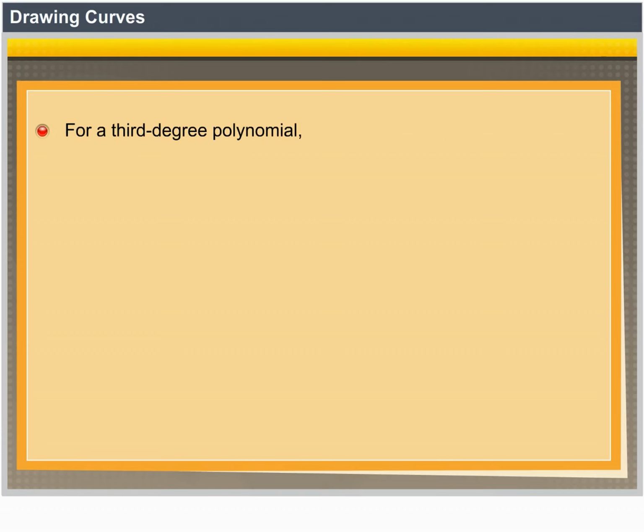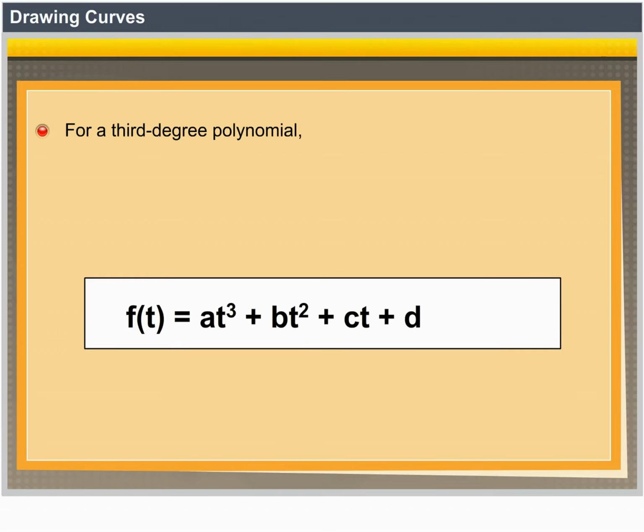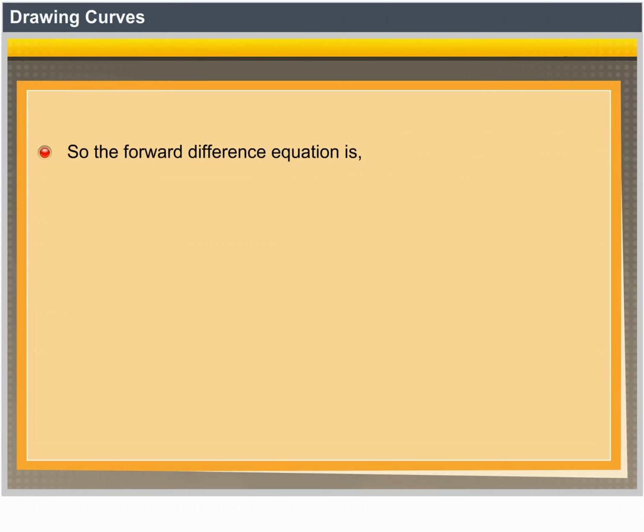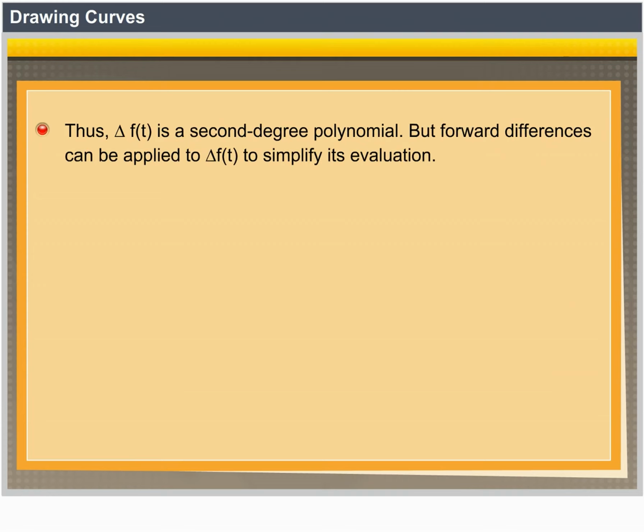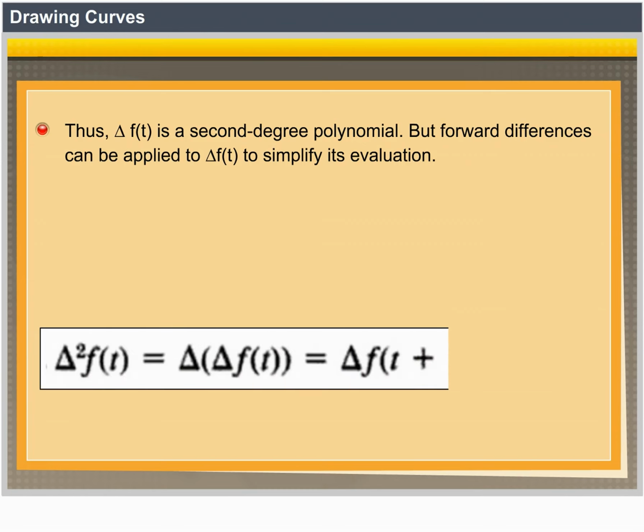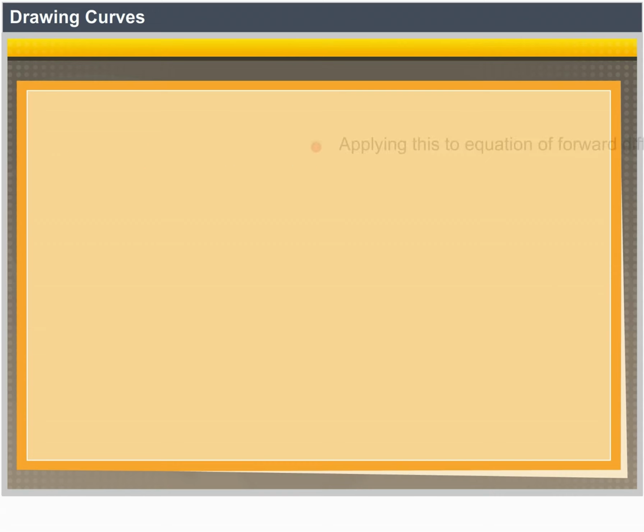For a third degree polynomial, f of t equals a t cubed plus b t squared plus c t plus d, and the forward difference is a polynomial in t involving a, b, and c. So the forward difference equation is as shown on the screen. Thus, delta f of t is a second degree polynomial, but forward differences can be applied to delta f of t to simplify its evaluation. We write delta squared f of t equals delta of delta f of t equals delta f of t plus delta minus delta f of t.